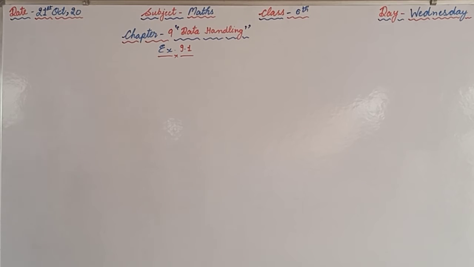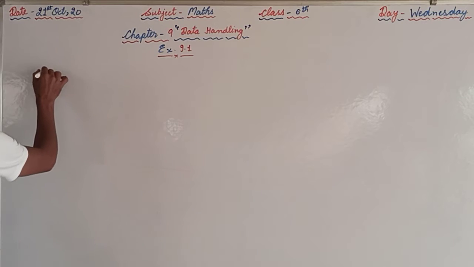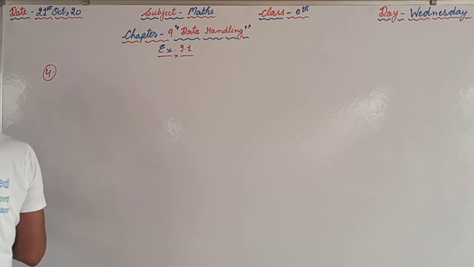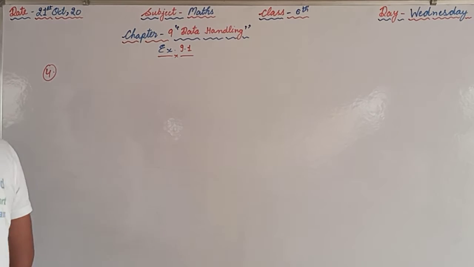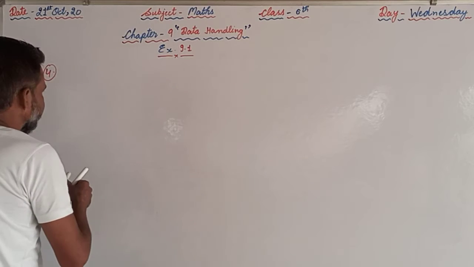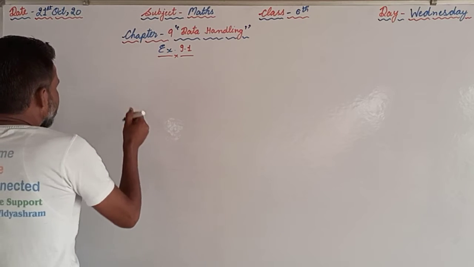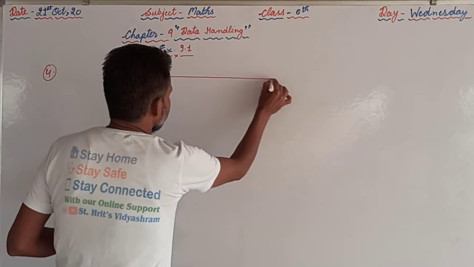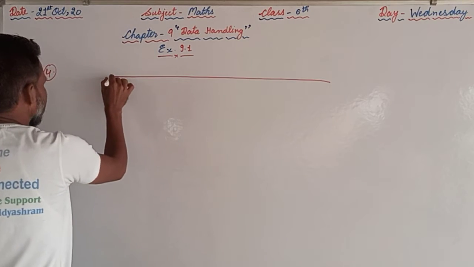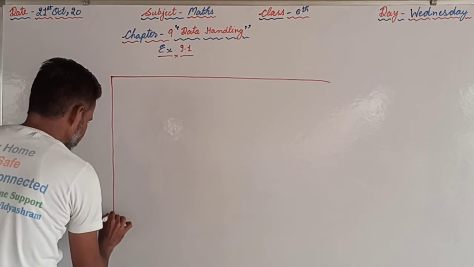But now in question number 4 already a pictograph is given. Now what is a pictograph? Pictograph is a table in which the pictures are used to provide the information. So the table given is like this.